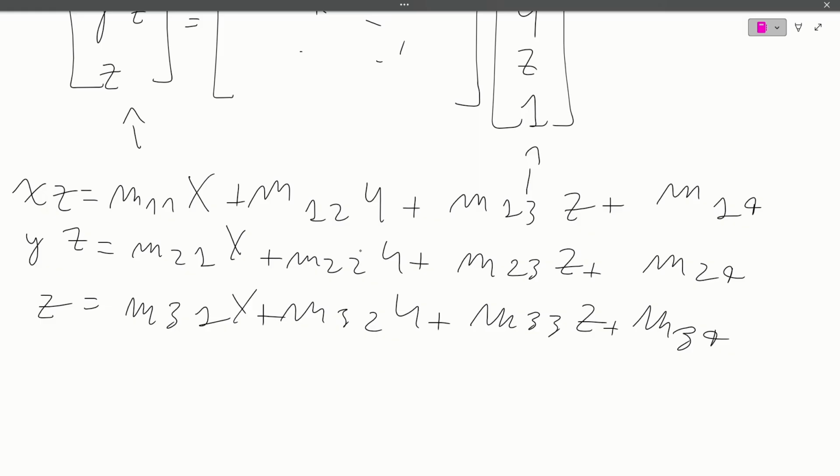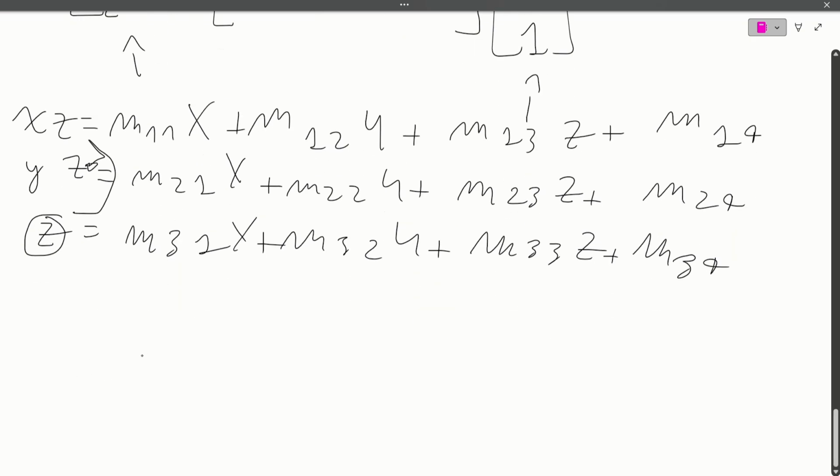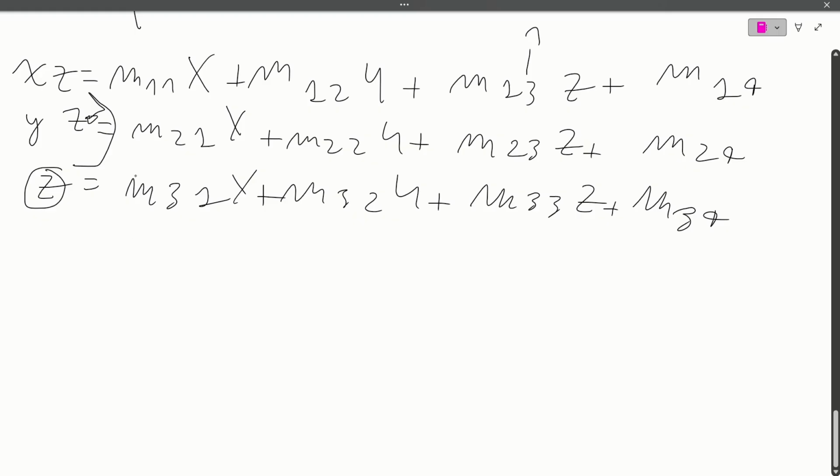Okay, so we can plug the last equation inside the first two, and obtaining this is big. I will try to write in a smaller way.